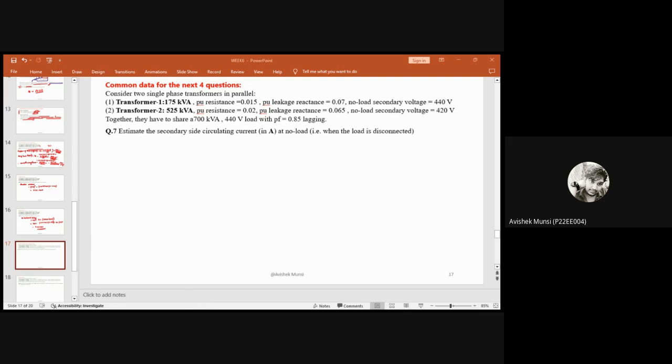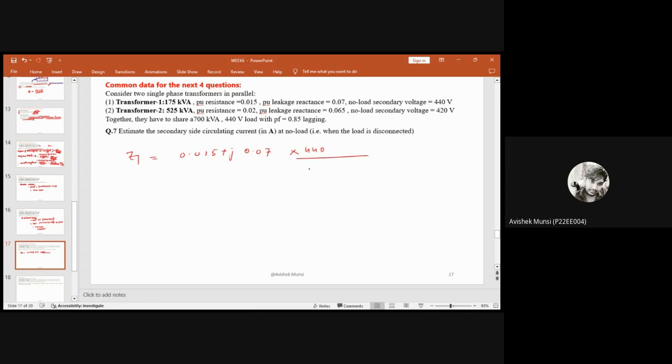Let us solve this part. Okay. So in this part, we also have to calculate the impedance. The impedance of transformer 1 is given this one.